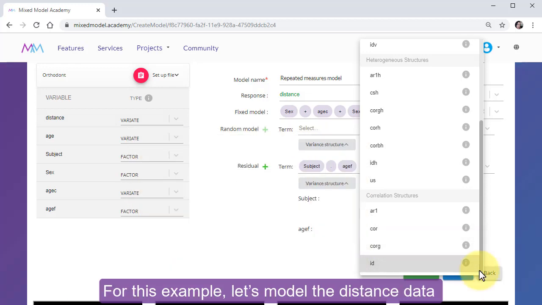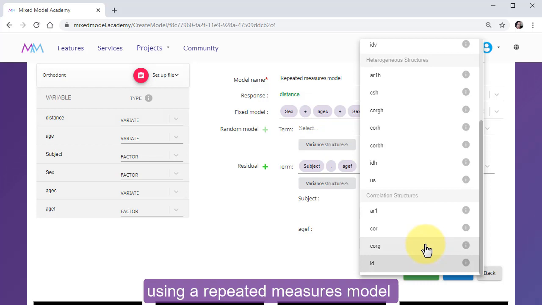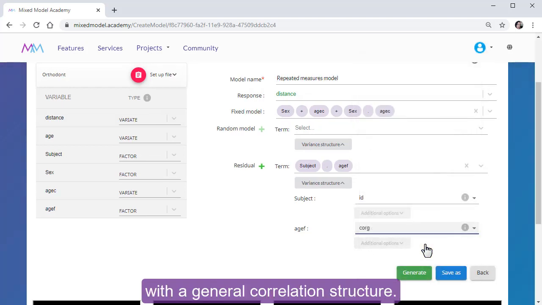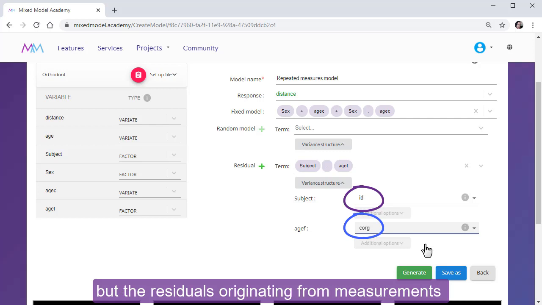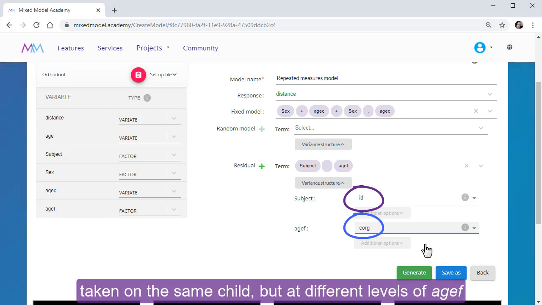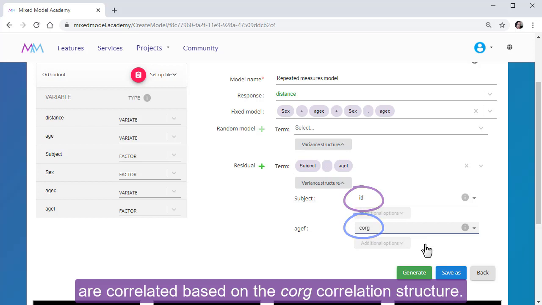For this example, let's model the distance data using a repeated measures model with a general correlation structure. What we're saying is that the residuals between different children are independent, but the residuals originating from measurements taken on the same child but at different levels of age F are correlated based on the CORE-G correlation structure.